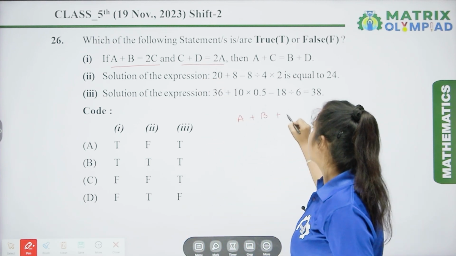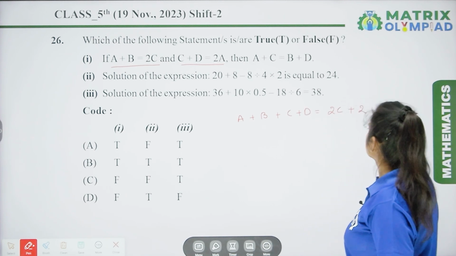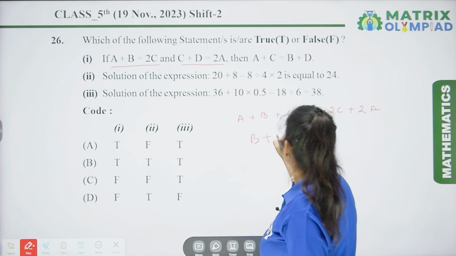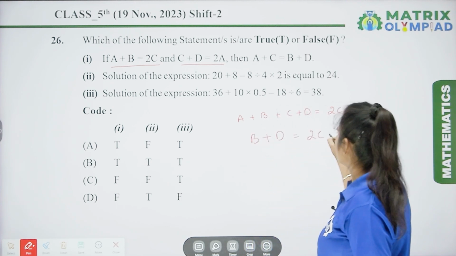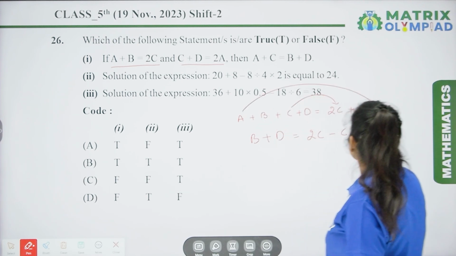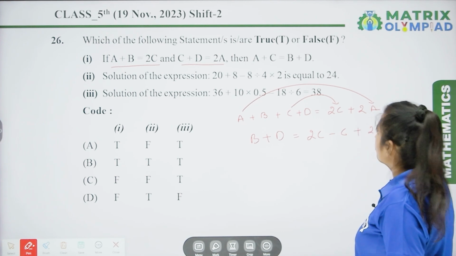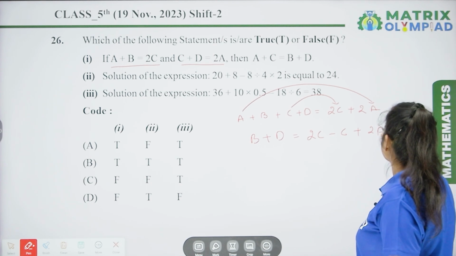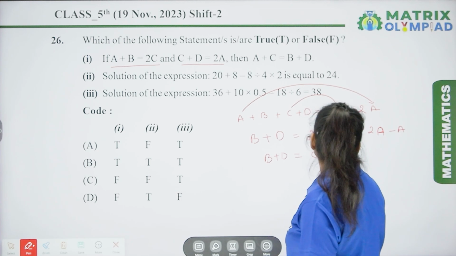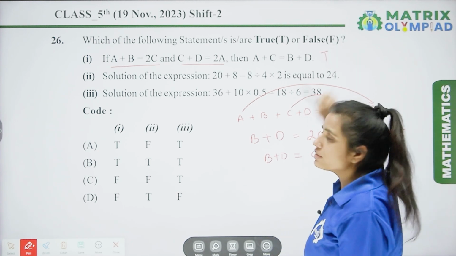So here, by adding, we have B plus D equal to 2C minus C. We are transposing the terms. So here we get 2A minus A. So B plus D is equal to C plus A. It means the first statement is true.